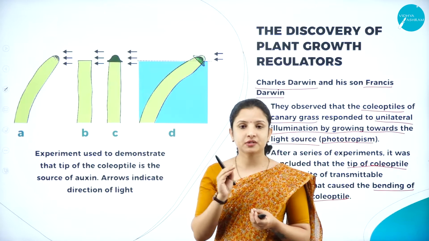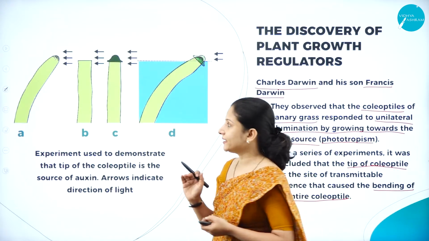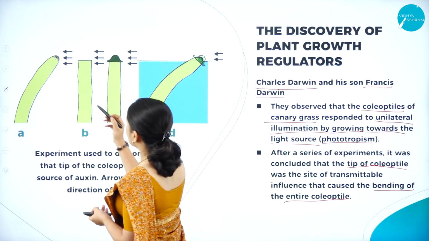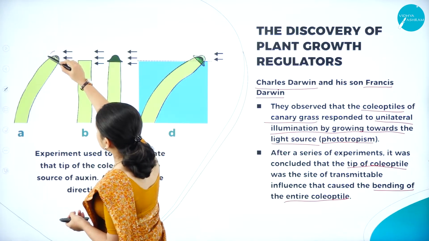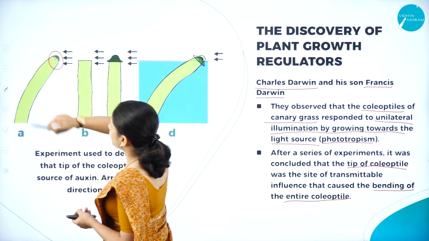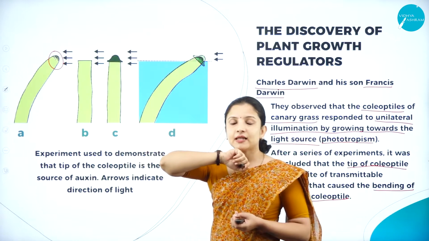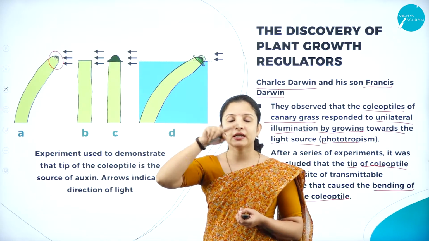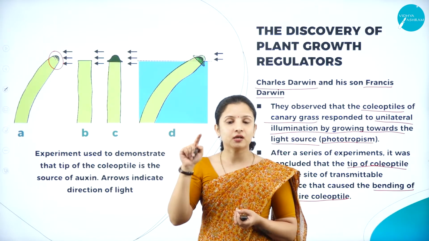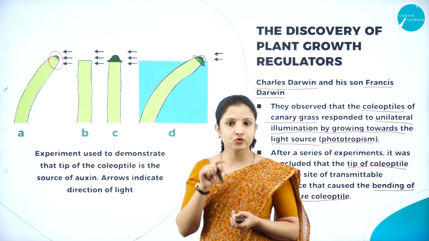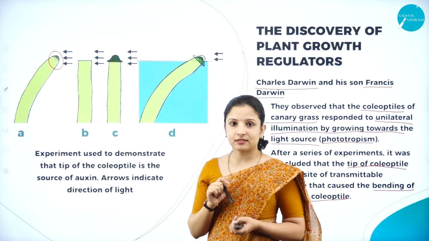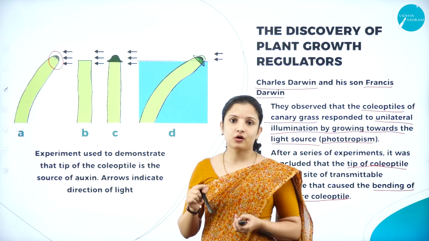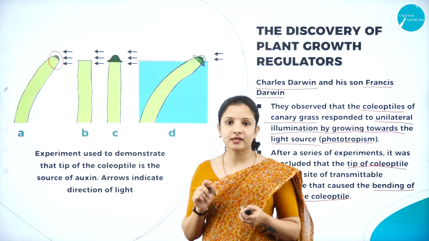He started to observe the coleoptile of that seedling. He noticed that there is something present at the tip of the coleoptile that might actually help in increasing the growth of the coleoptile region or the shoot region of the plant. Is there something present or not? To understand that, he conducted an experiment.